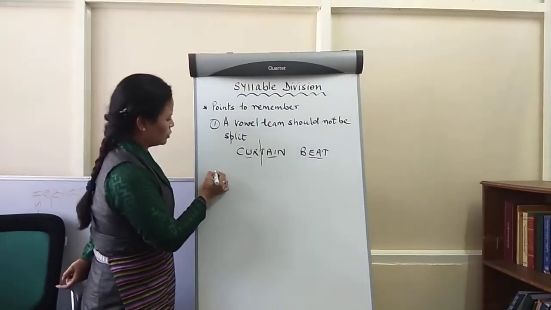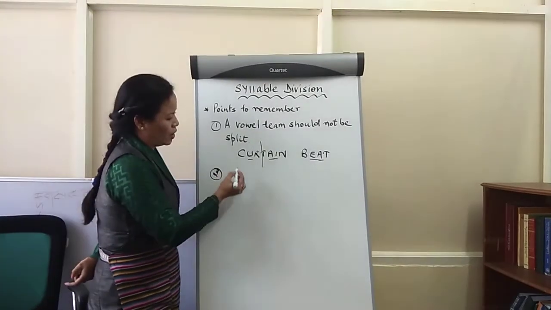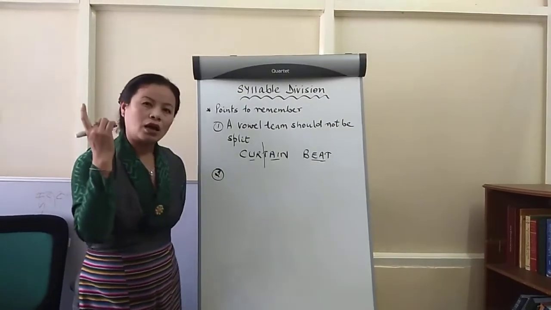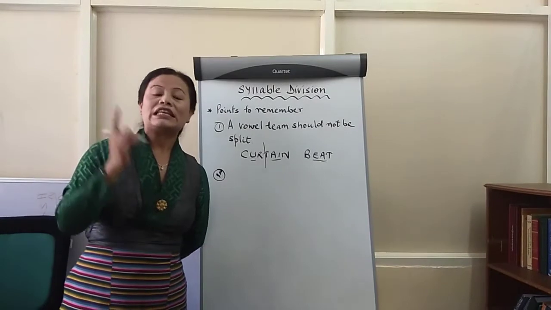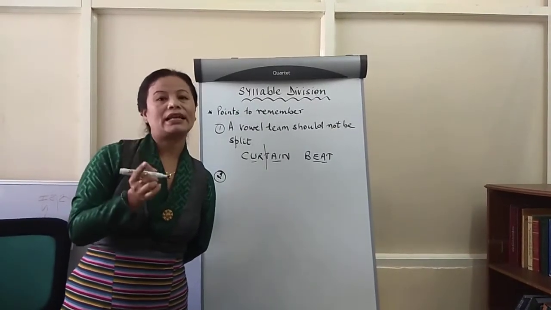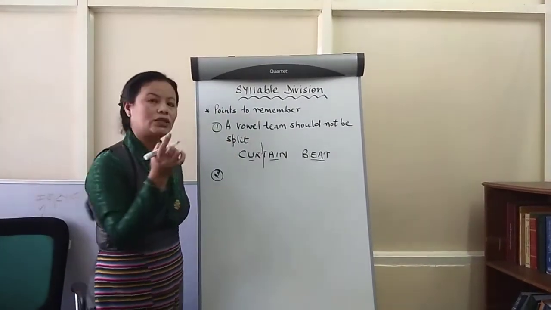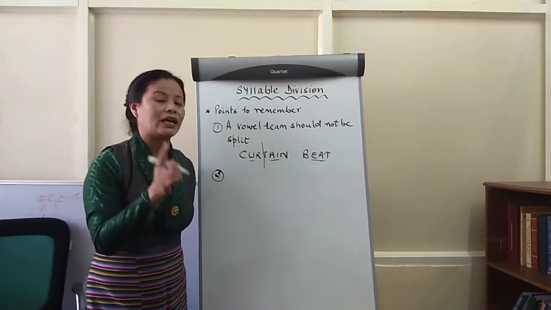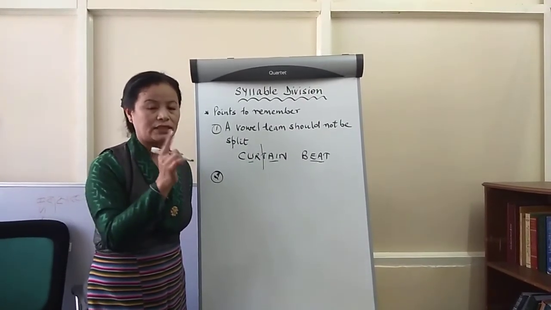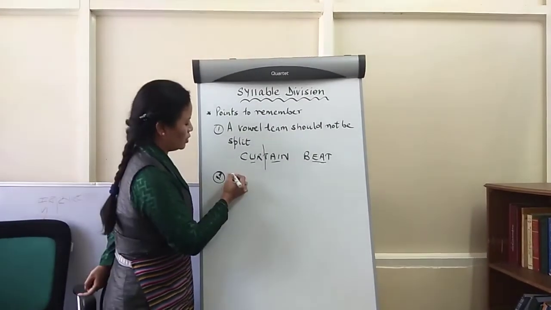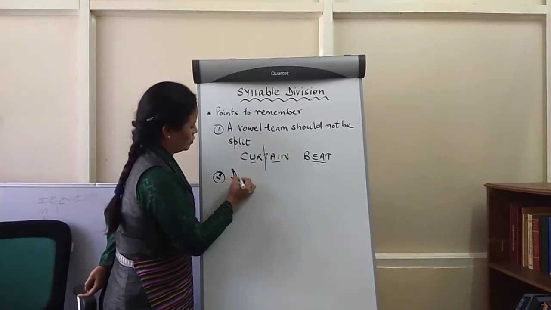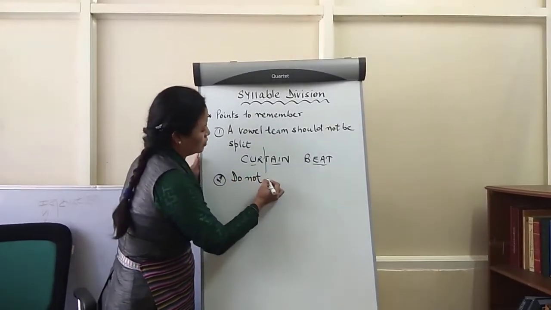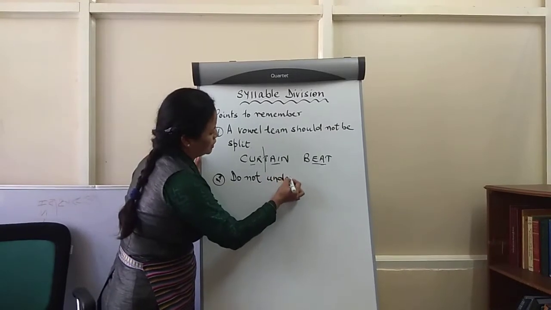One more thing you need to remember is when you come across a word that ends in E, E is silent. So we will not underline the E when it comes at the end of a word.